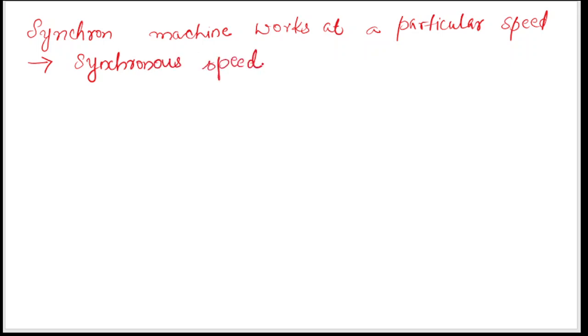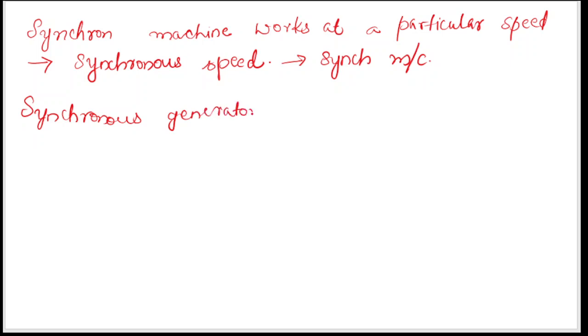So this machine is known as synchronous machine. Now a synchronous machine can be a synchronous generator or a synchronous motor. First we'll see the synchronous generator, which is also known as alternator.